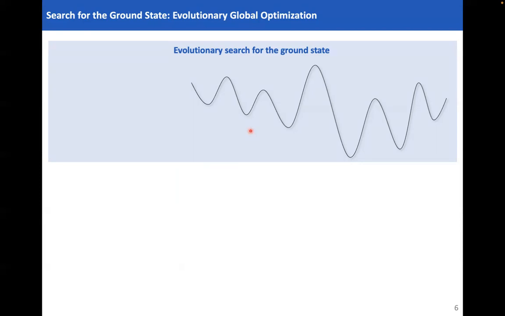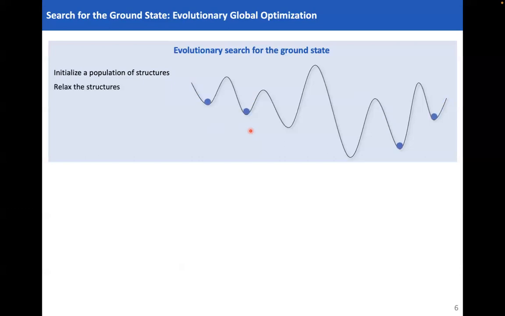A typical workflow in the evolutionary algorithm starts by initializing a population of structures which are randomly generated, only constrained by some chemically reasonable ideas like bond length or angles of the unit cell.